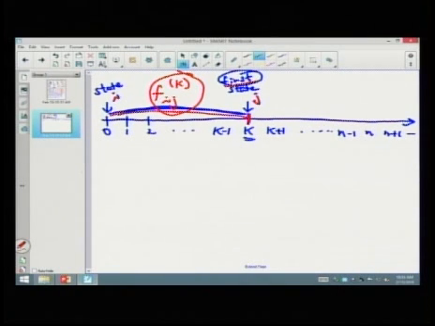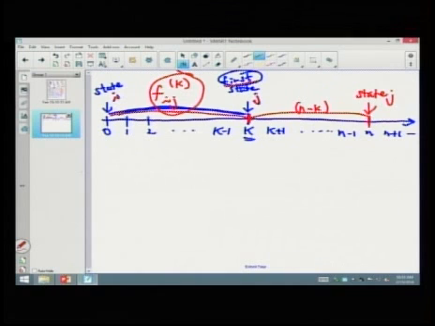starting from here, and then after n minus k steps, okay? So where do we go? Starting from here, after n minus k steps, we land right here, all right? And then let's say the system is in state j, okay?